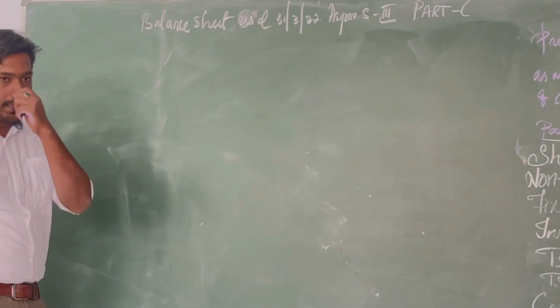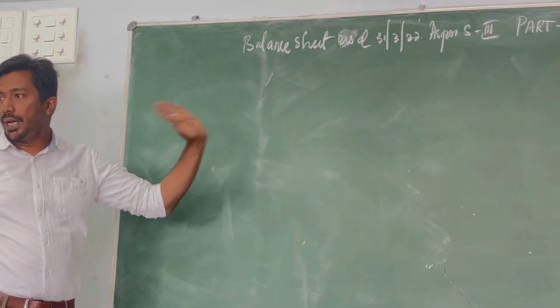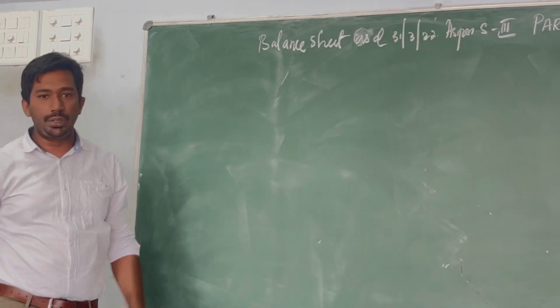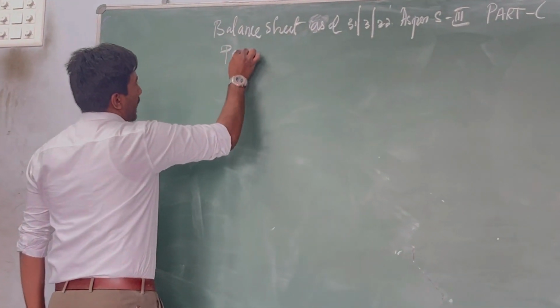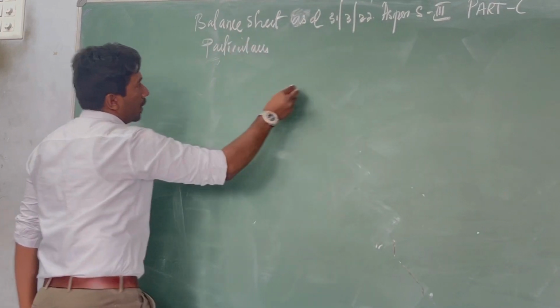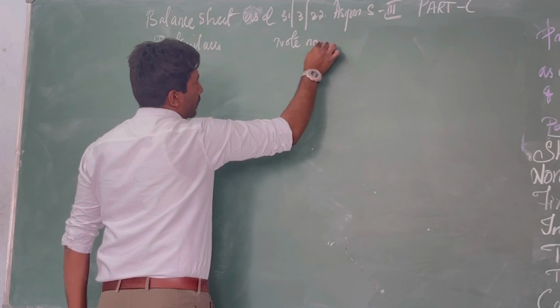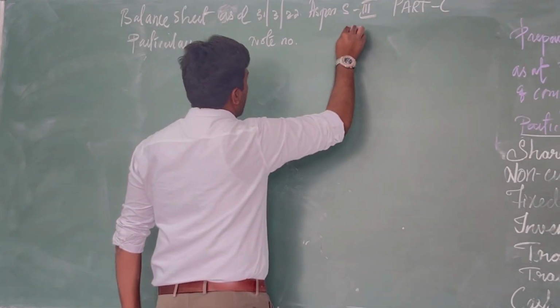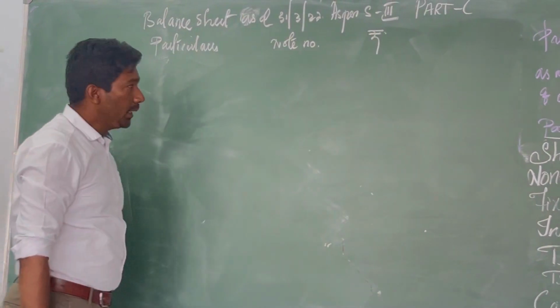Done? This is the format. This is there in the question only. You have to write everything up to Schedule 3. Then after that you will write particulars, note number, then the amount. Done?